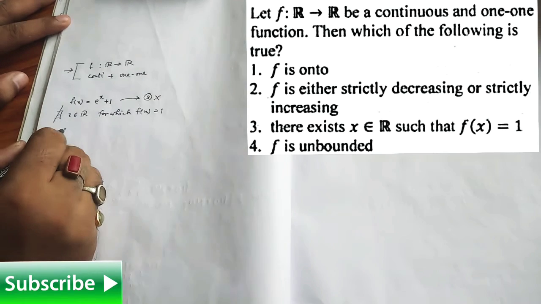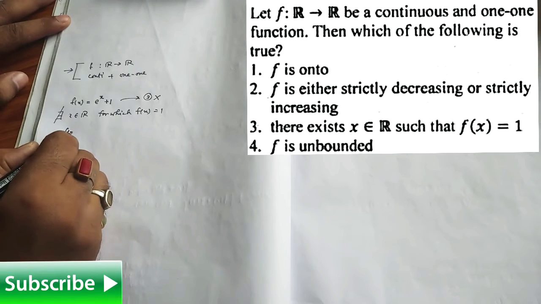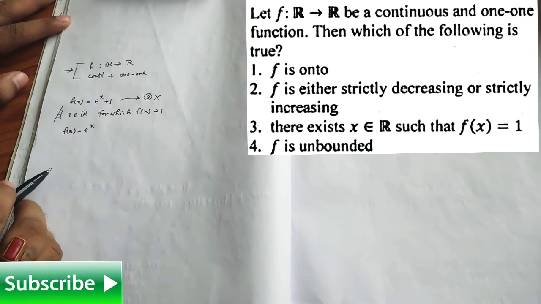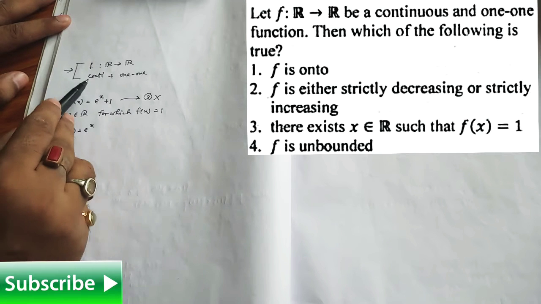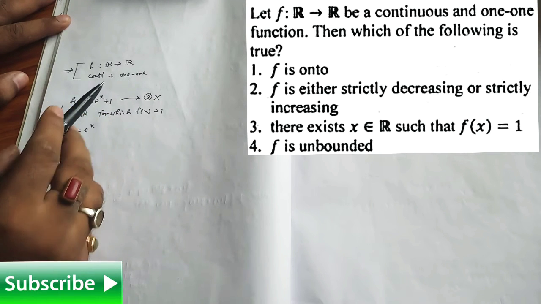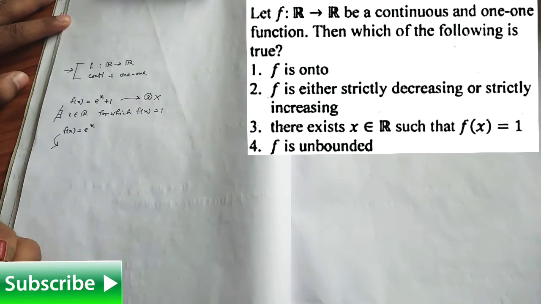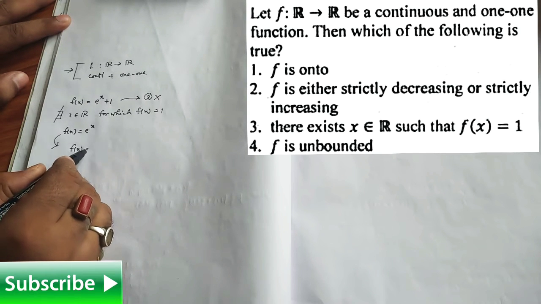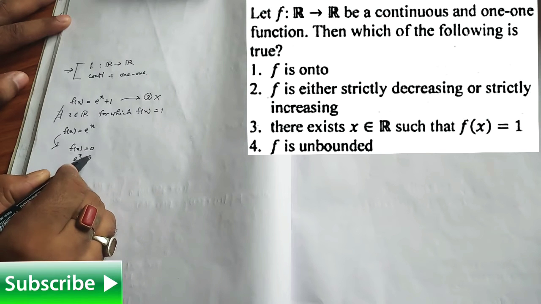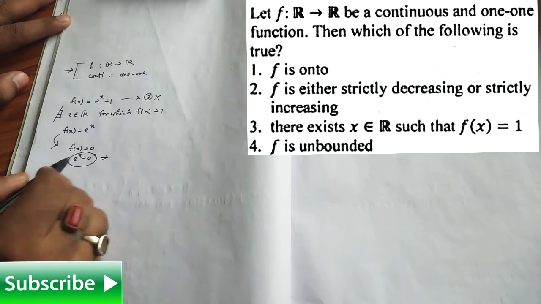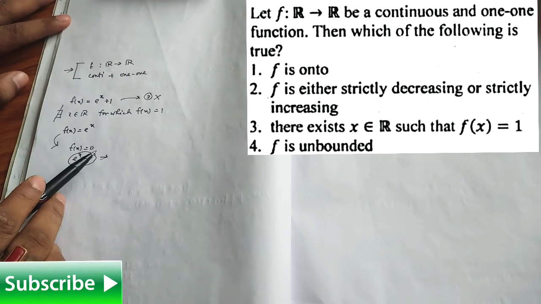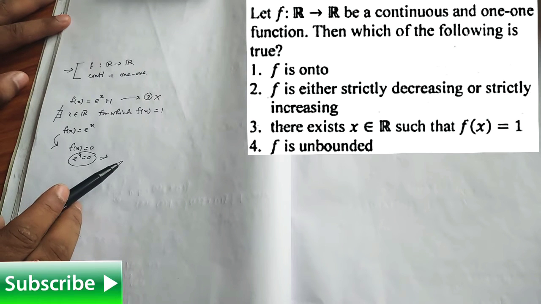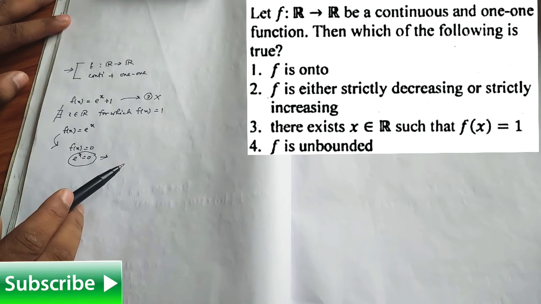Now simply take f(x) is equal to e to the power x. This function also satisfies the given conditions, but observe that if you set f(x) equal to 0, then e to the power x is equal to 0, which obviously has no solution. So if you take point 0 from the codomain, it will have no pre-image in the domain.